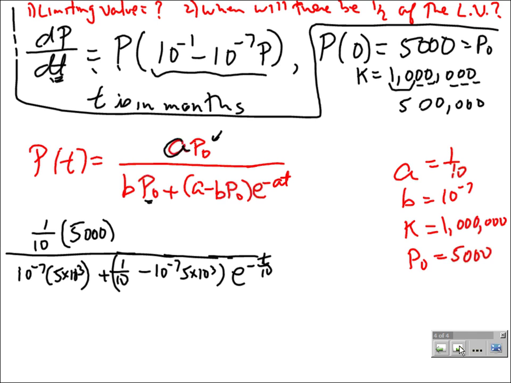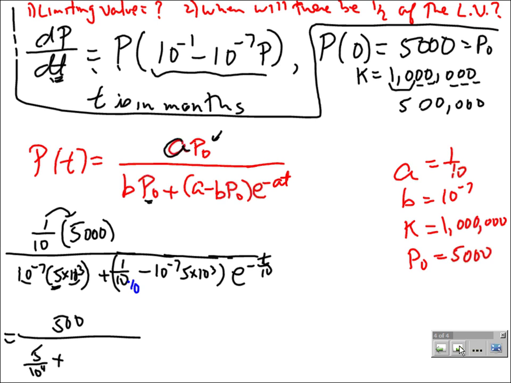Okay. This product is going to just be 500. That 5 I'm going to write down. 10 to the negative 7 times 10 to the 3 is 10 to the negative 4, which I put on the bottom as 10 to the 4th. Plus, here, I want everything to have 10 to the 4th in the bottom.